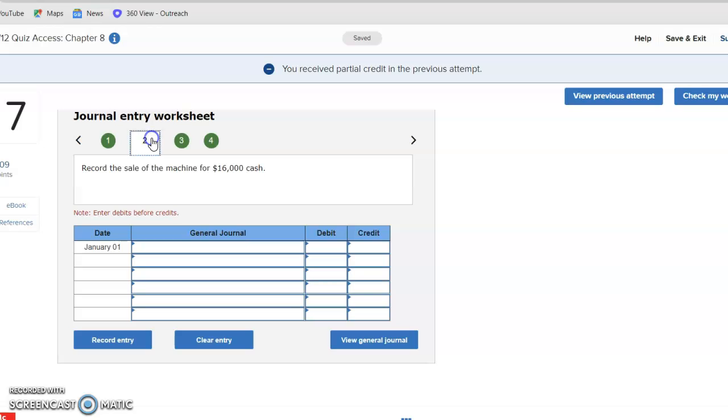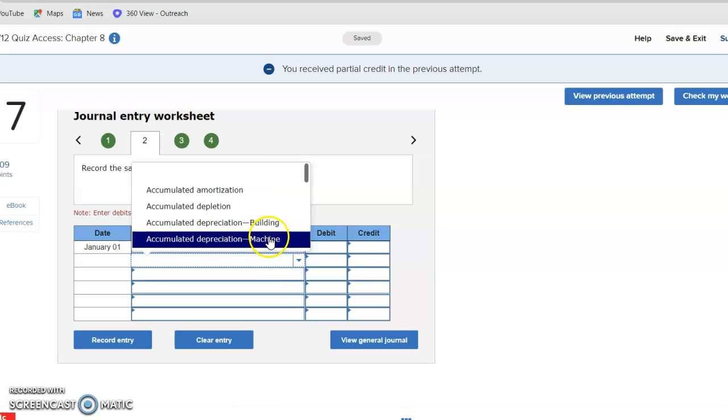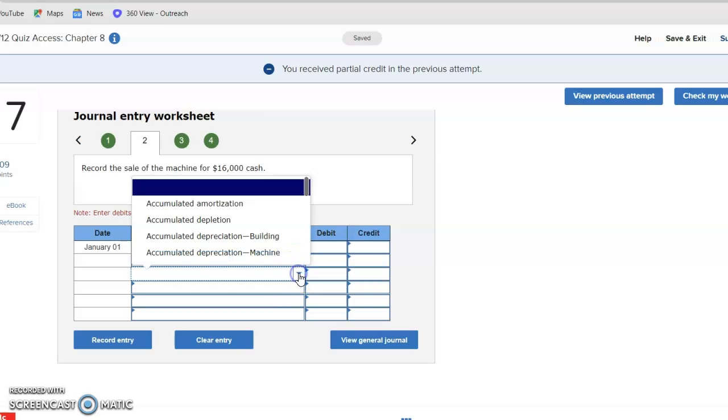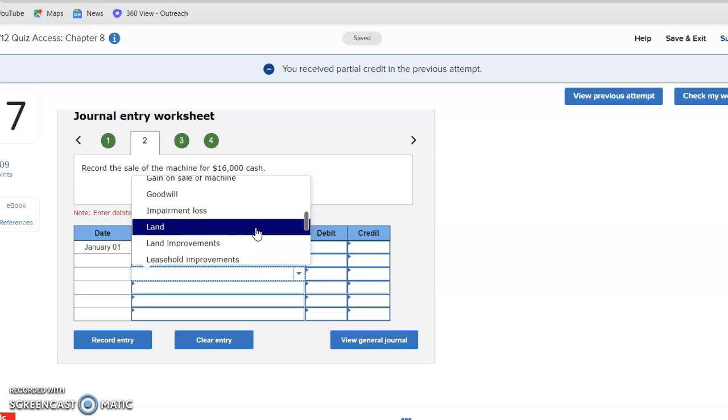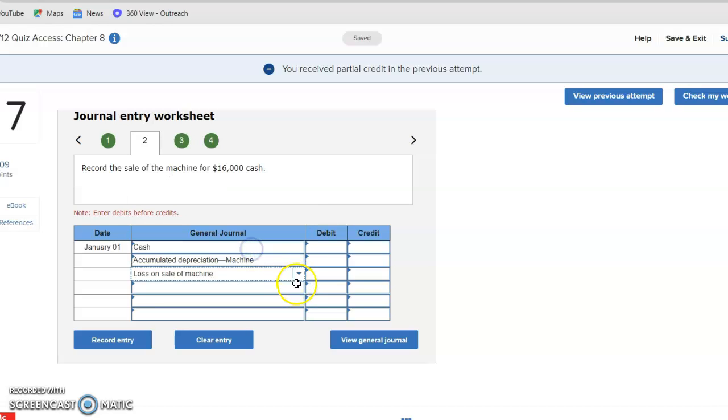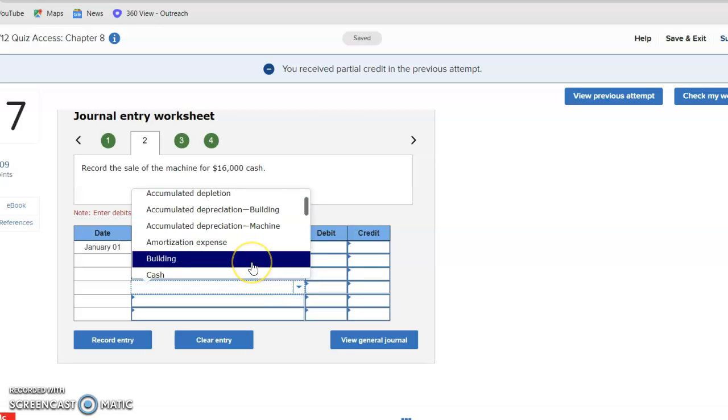And then we come over to number 2, and that was the sale for 16,000 cash. And so that is going to be cash on top. And then we have accumulated depreciation of the machine. And then we have a loss on the sale of the machine. And then we have the machine itself.